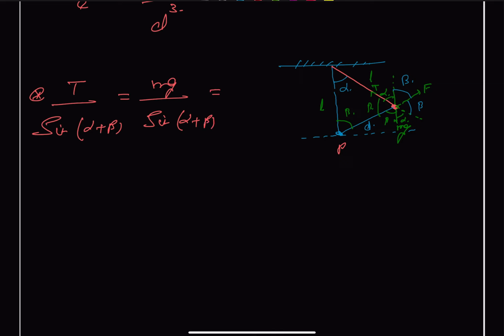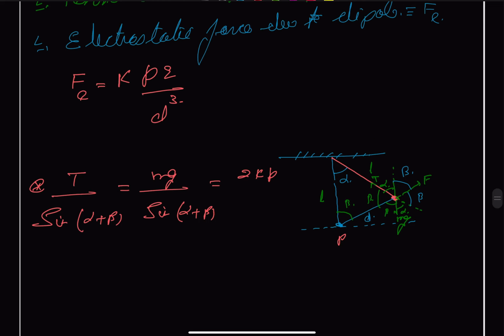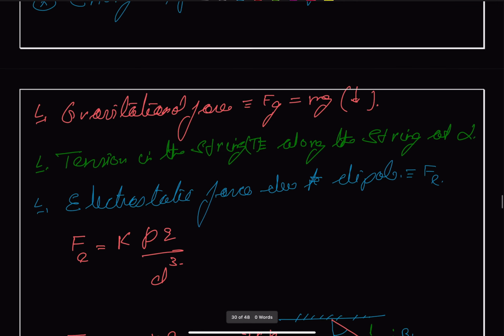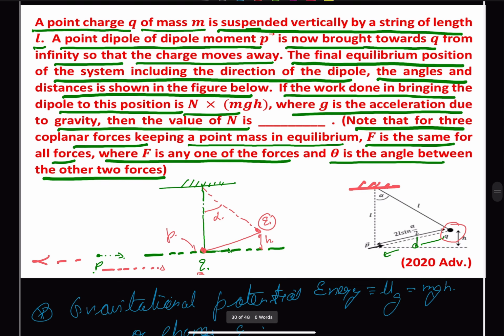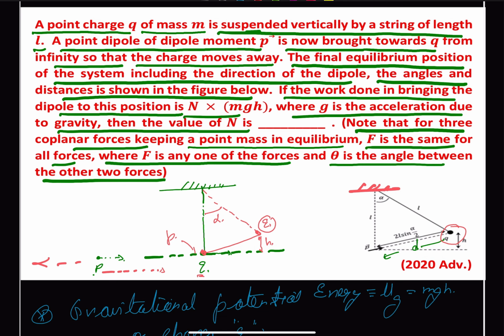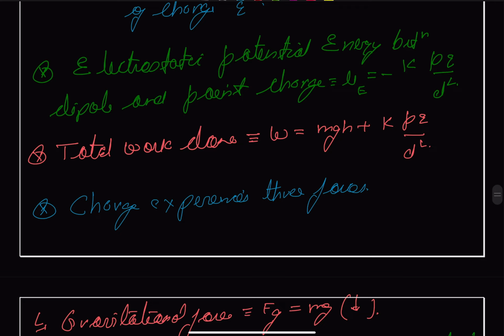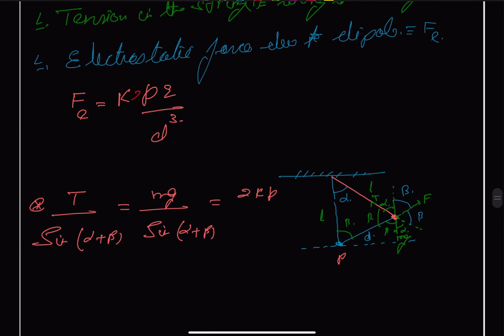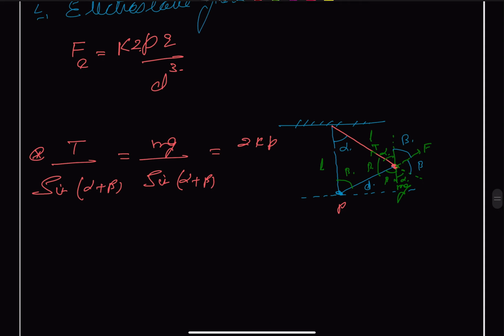And then we have our electrostatic force, which is given as 2kpq divided by d cube, and sine of the angle between the two is our beta plus beta, that is twice beta. I missed something, this is 2.